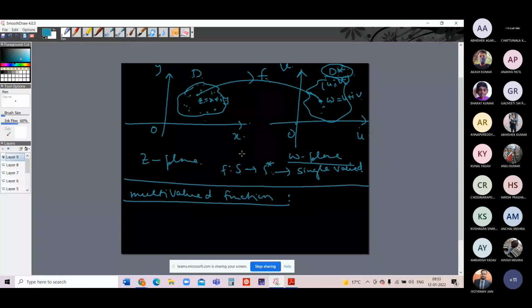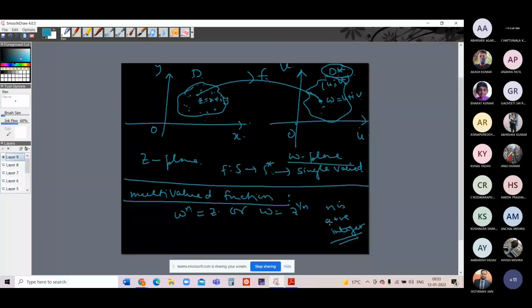An example of this type of function is w^n = z, or w = z^(1/n), where n is a positive integer. This type of function is called a multivalued function.